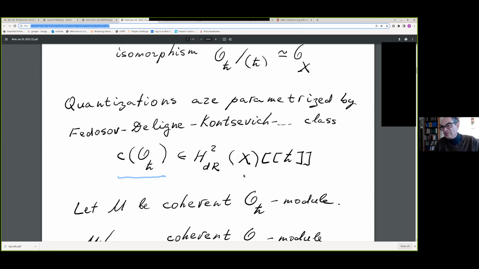This is a non-trivial theorem, but still it does not depend on Kontsevich. There are no crazy integrals that he uses to construct this quantization. So it's Kontsevich independent. And for every such formal power series with coefficients in the second homology, one can construct a quantization. It's a theorem.